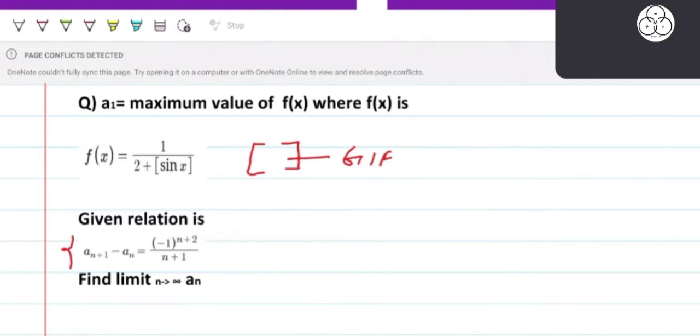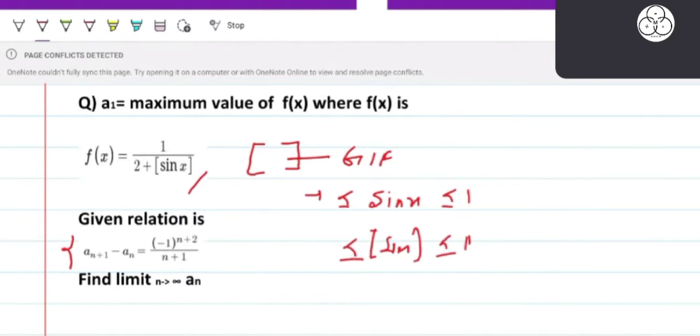Given the maximum value of f(x), we all know that sin x lies between 1 and -1.